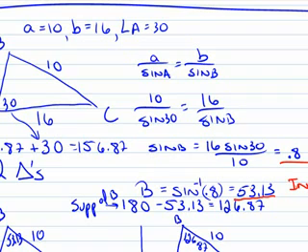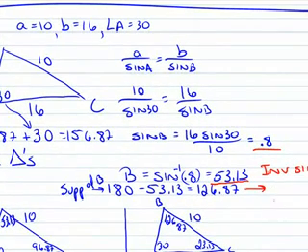So we have to make sure that its supplement, which also has a sine of 0.8, won't also make a triangle. So took the 53.13 from 180 to find its supplement. So the 126.87 is the supplement of B. Call that B prime.